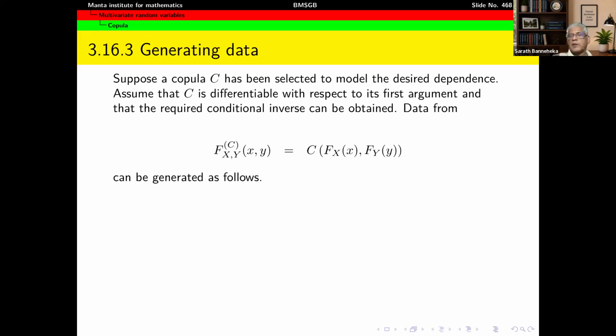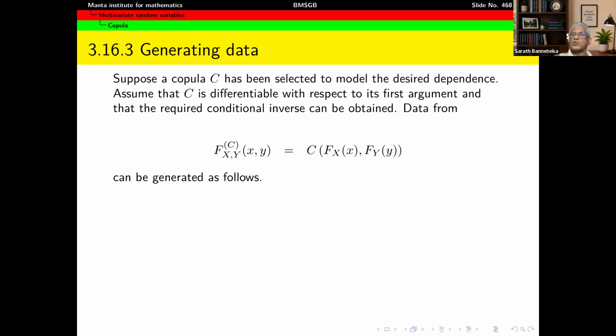The way that they capture the dependence between the two variables is different, right? So by examining the existing dependence structure between x and y, we may be able to select one of those well-known copulas to capture the dependence between x and y in our problem.